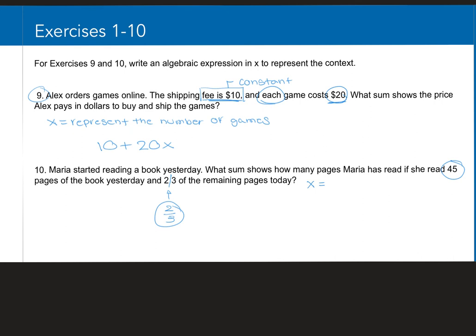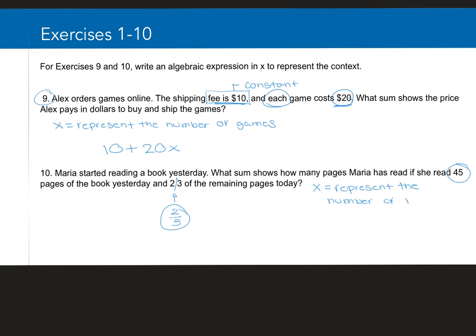So we're going to let x represent the number of remaining pages of the book. All right. So we know that she read 45 pages, and then she read 2/3 of the remaining pages, so we get the expression of 45 plus 2/3 x.